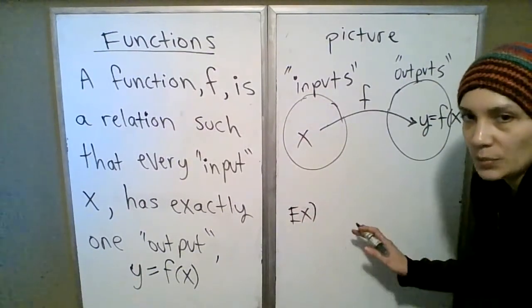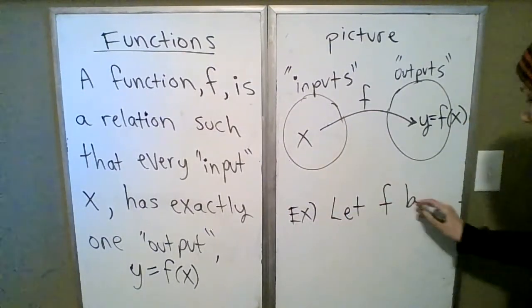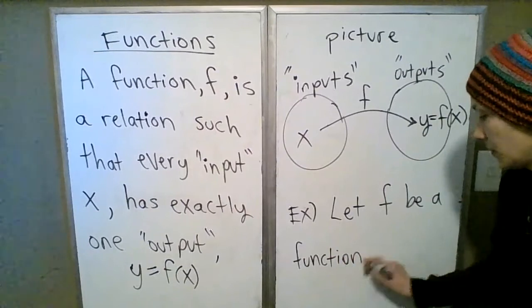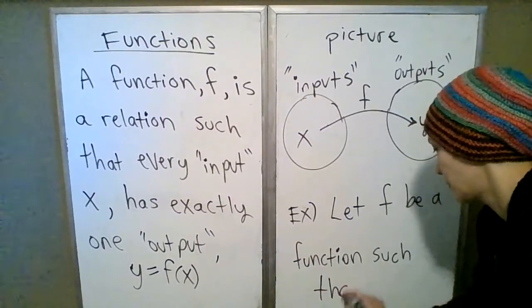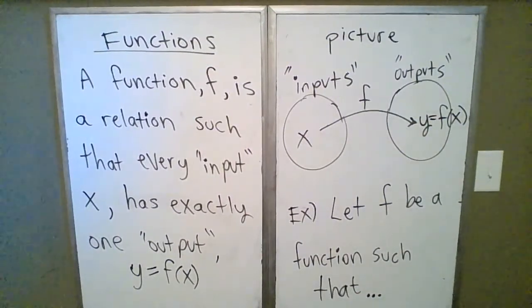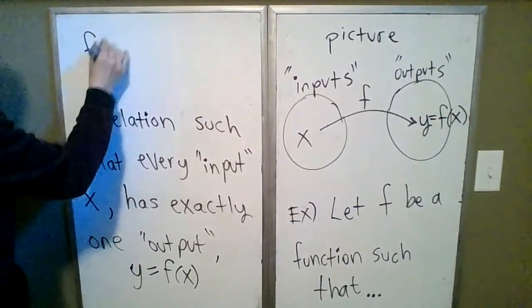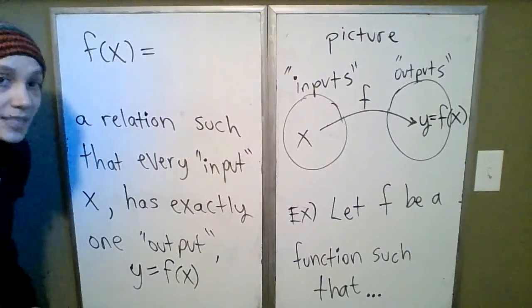So in this example, we have one function, f. F of x is x squared minus x plus 4.